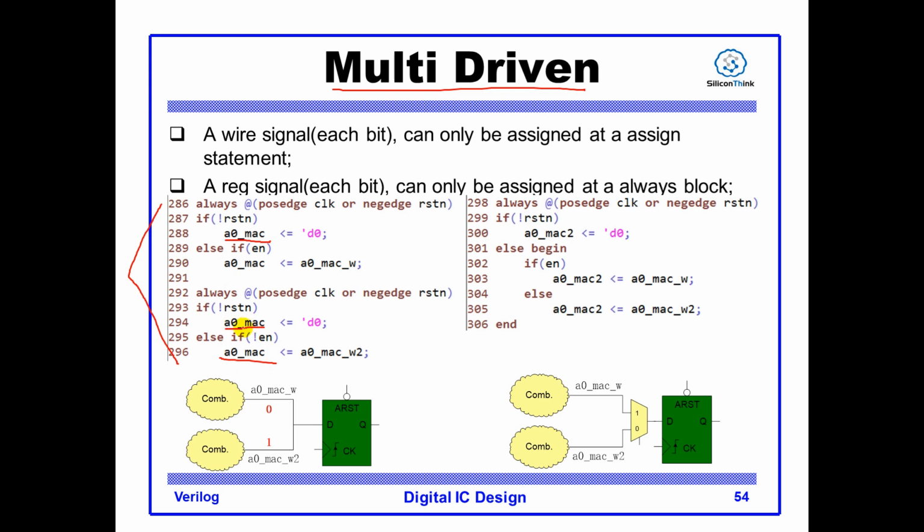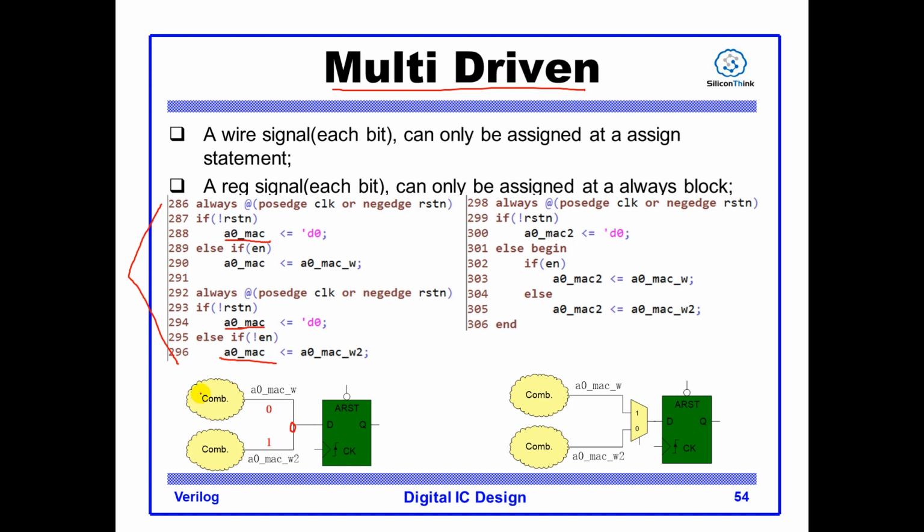This signal is assigned a value in two different always blocks. So the synthesis tool will think there are two logic cones that will drive the same point, or the same load.